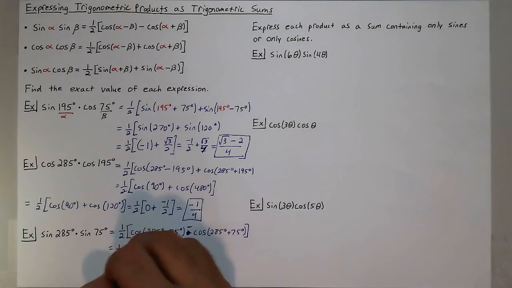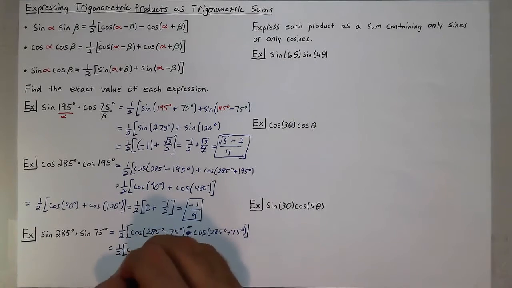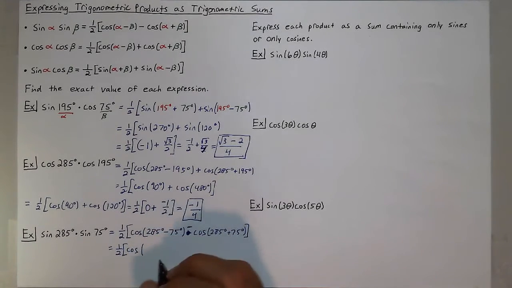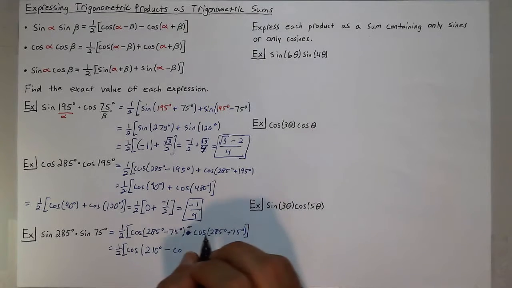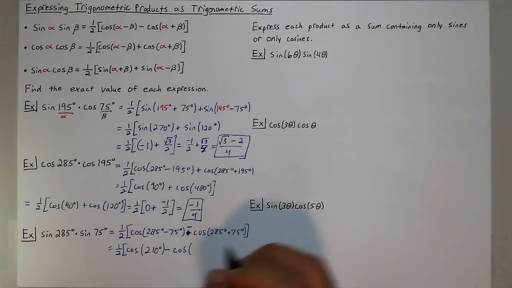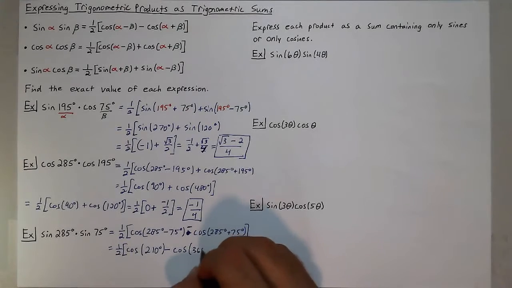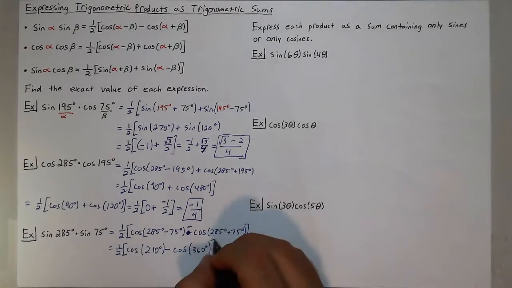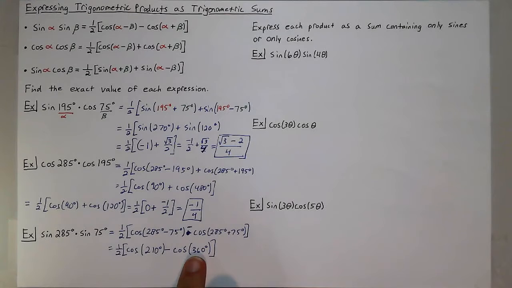So I get 1/2 of cosine of 210 degrees when I subtract 75 from 285, minus the cosine of 285 plus 75, which is going to give me 360 degrees, which is the same as 0 degrees for cosine since they are period 360 degrees apart.